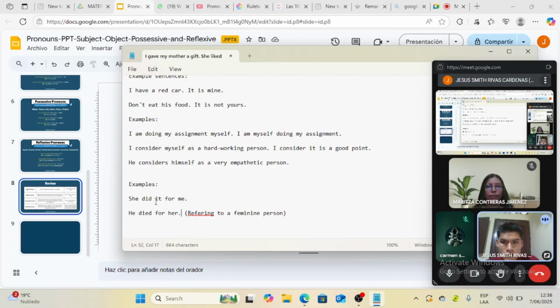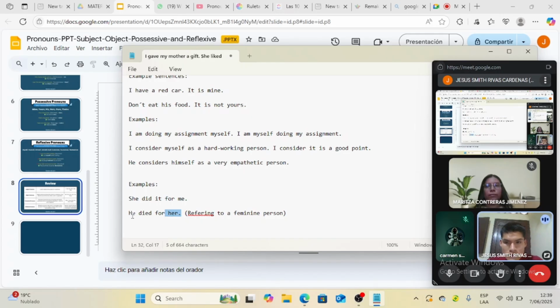En español, estas dos oraciones se traducirían como: la primera, ella lo hizo por mí. Ese me viene a ser en inglés me, M-E, y es un pronombre objeto porque va después de una preposición, en este caso que es for.